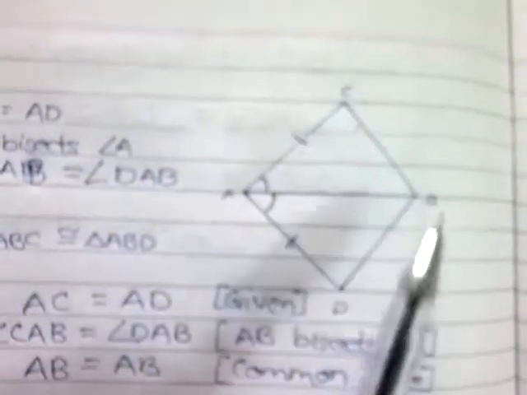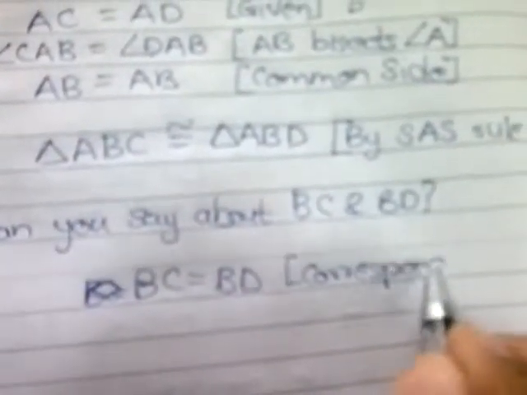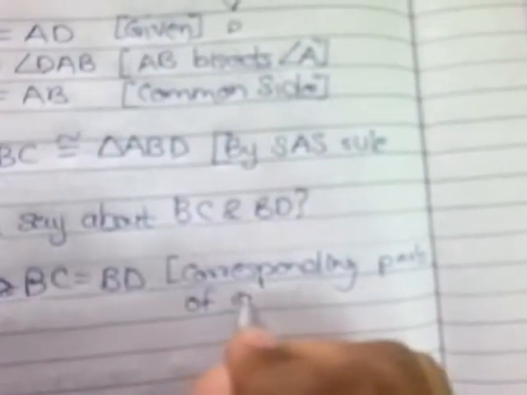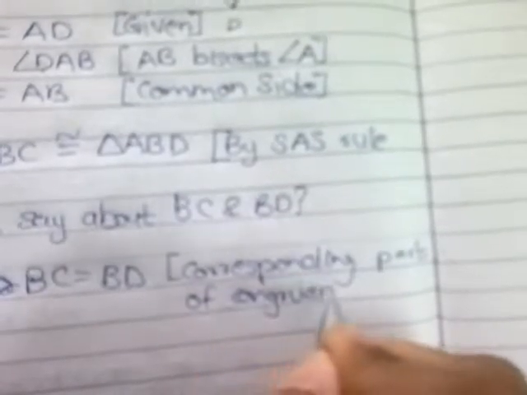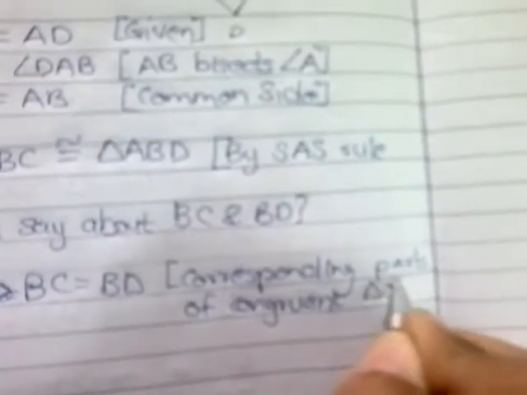We have already proved that. And the reason why BC is equal to BD is that they are the corresponding parts of congruent triangles. That's right. And that is the end of question 1.